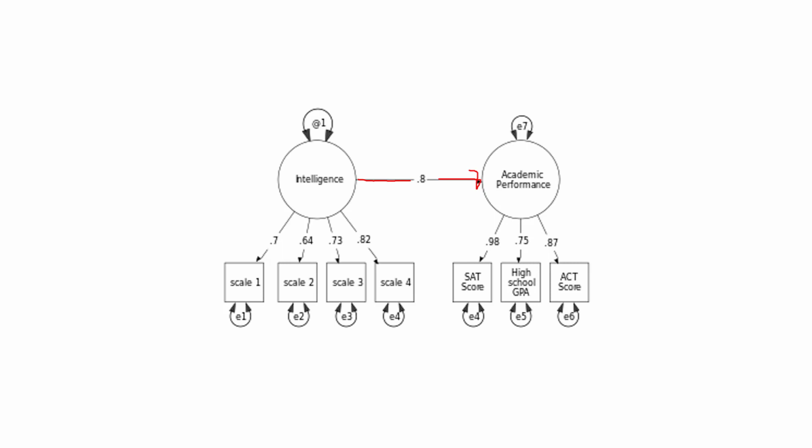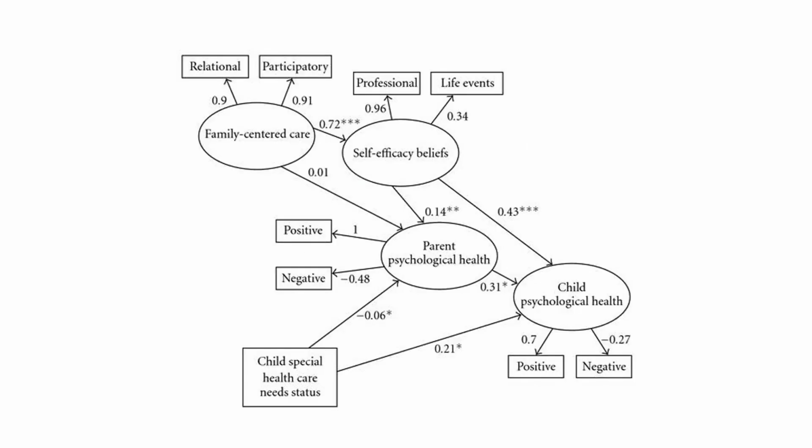So we can look at how one factor affects another, and one of the big benefits is that this factor can be indicated by multiple things. Here's a little bit more of a complicated one. Some of the error terms are just missing, so this is another shorthand. People just usually leave that unique variance off the bottom of these, but on each of these, we'd have a little error term that's not associated with the factor.